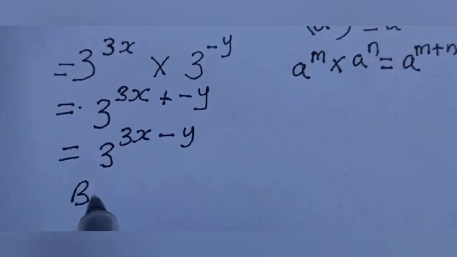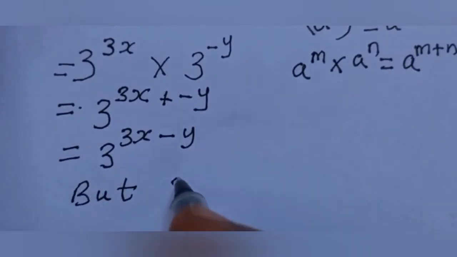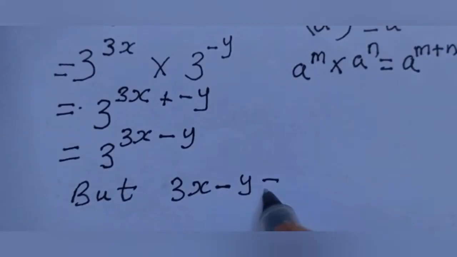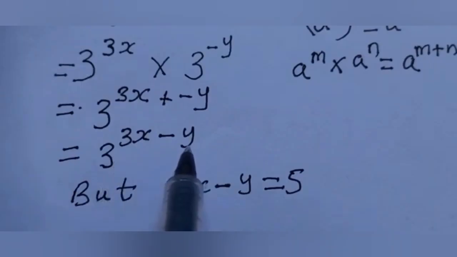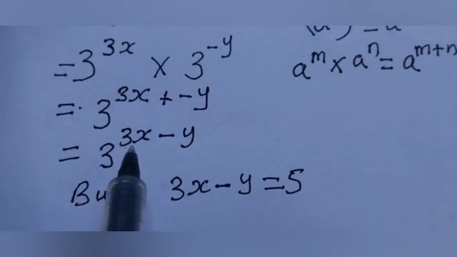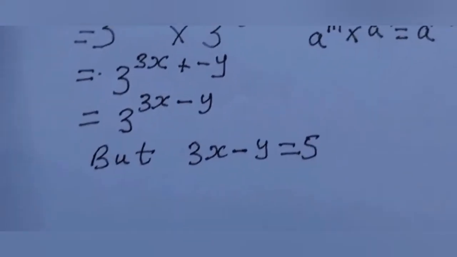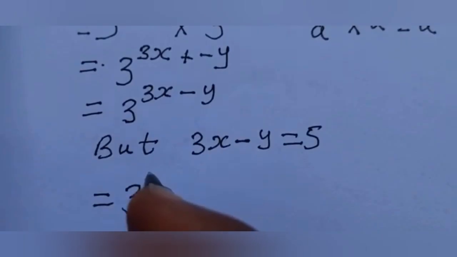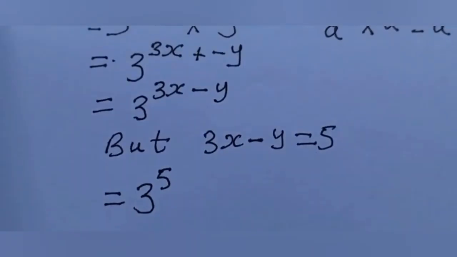But in our question, we have been given 3x minus y equals 5. So here we are going to substitute 5. Instead of writing 3x minus y, you're going to write 5 here. So we have 3 raised to power 5.